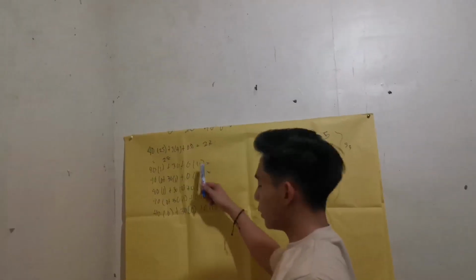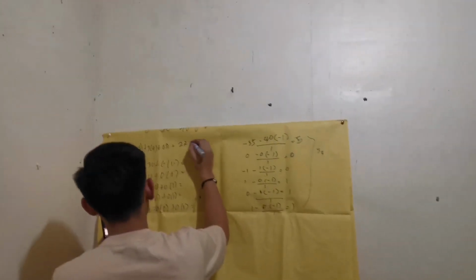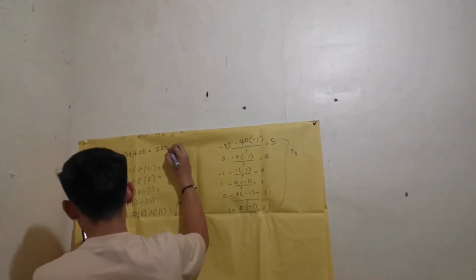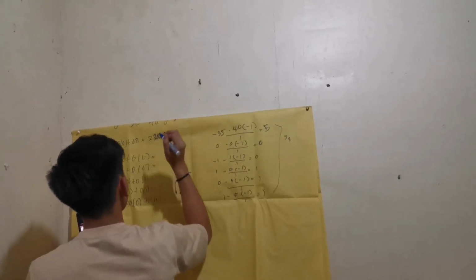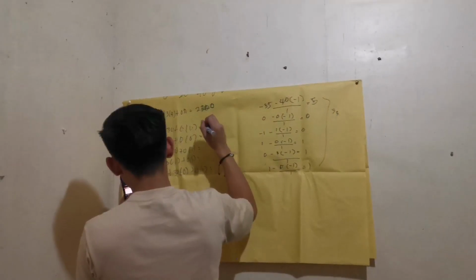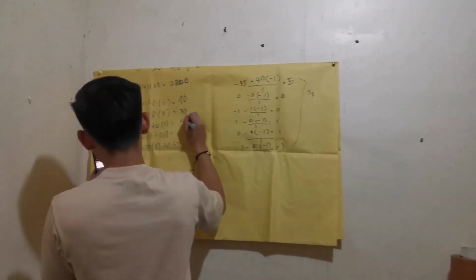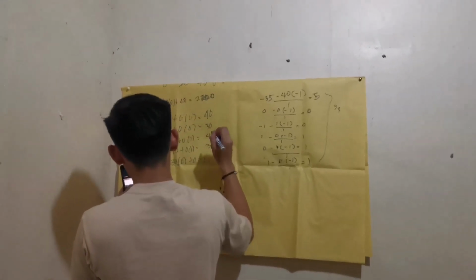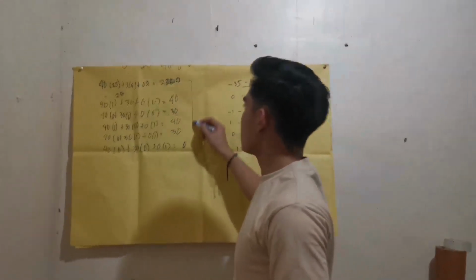So, ito, calculate lang natin. So, 2,220. Ay, no. 2,200 lang. And, 40, 30, 40, 30, and 0. So, ito yung Z sub j values natin.